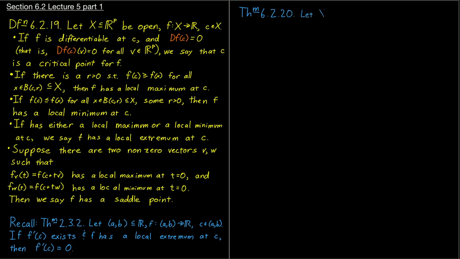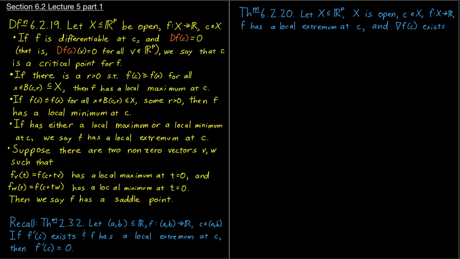We have that if X is a subset of Rp, X is open, C is a point in X, f is a function from X to the real numbers, f has a local extremum at C, and the gradient of f, that is all the partial derivatives of f, exists.